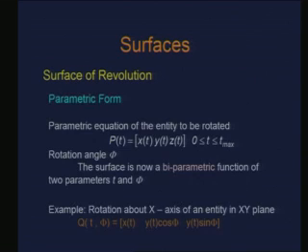So, now looking in parametric form this construction, what we are saying is that if I have the parametric equation of the entity which is to be rotated, that could be defined something like the way we had seen parametric curves, right. P(t) defined in terms of x(t), y(t), z(t), right. And then you have a rotation of that entity.